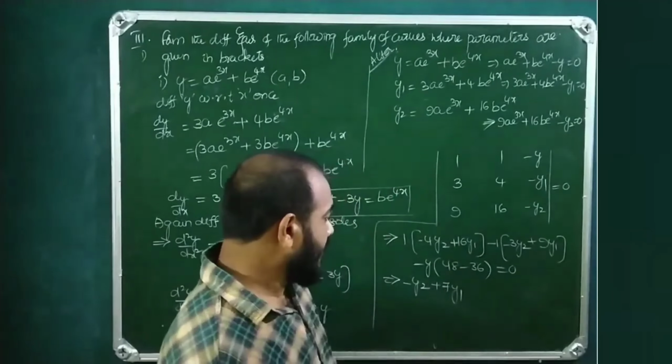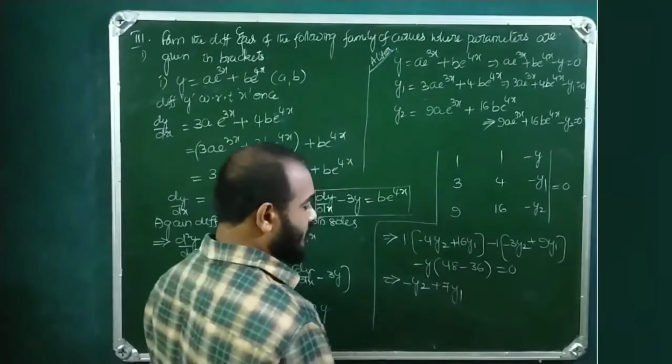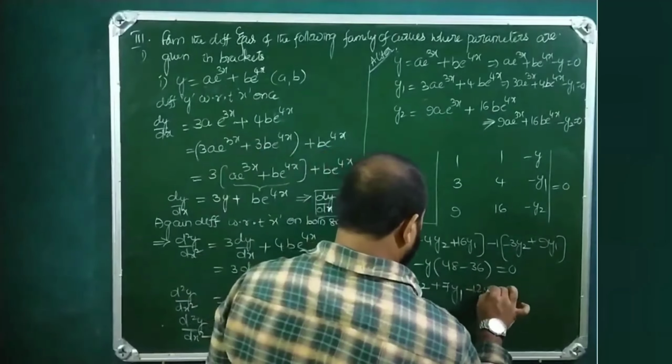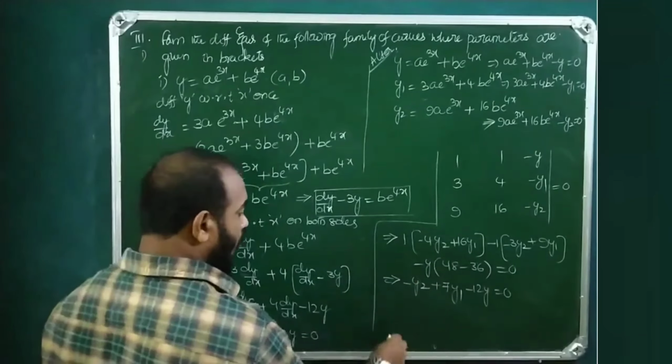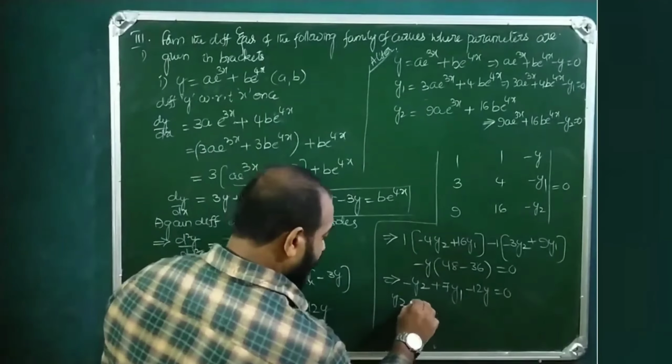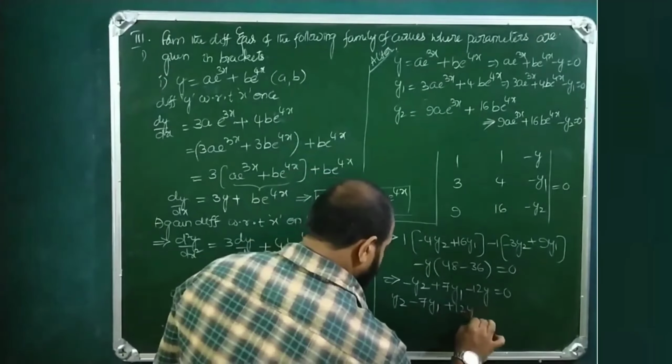Next, 48 minus 36 is 12, into minus y, minus 12y, equals 0. If you take minus in common, y2 minus 7y1 plus 12y equals 0.